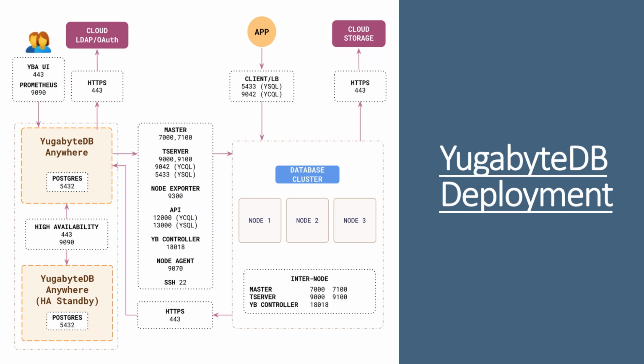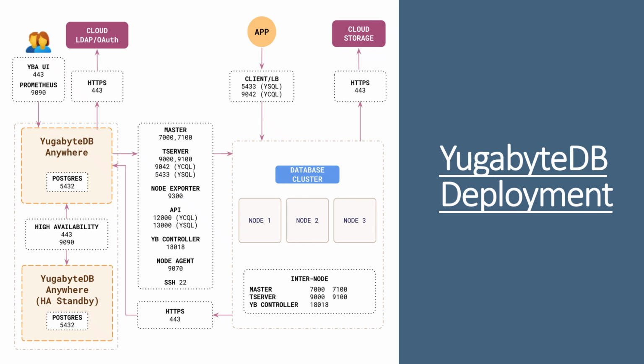And the T-server typically runs on 9000, 9100, and then YSQL will be accessed via 5433 or YCQL via 9042 ports. So if you have an application where you want to connect using YSQL, you need to have the port opened from the application to that cluster.